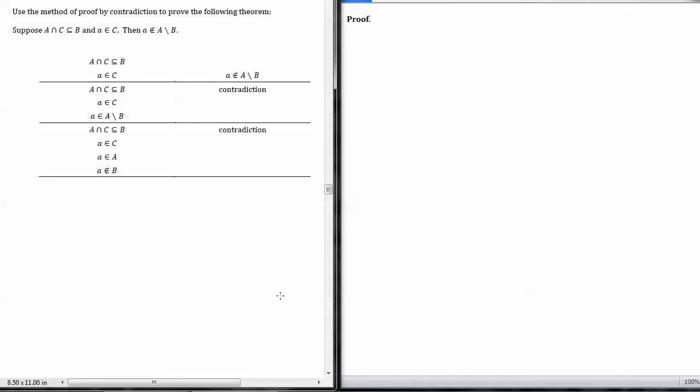Okay. And then we have A intersect C appearing, and then we know that A is in both of those sets. So maybe we should write that, in fact, A is in the intersection of A and C. And then that, together with the fact that A intersect C is a subset of B, implies that A is in B. Okay.